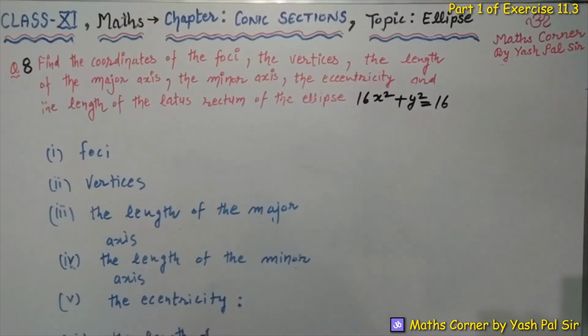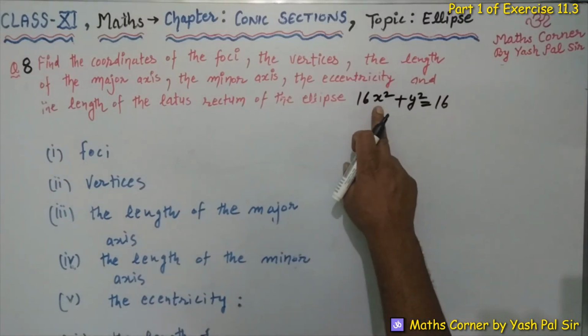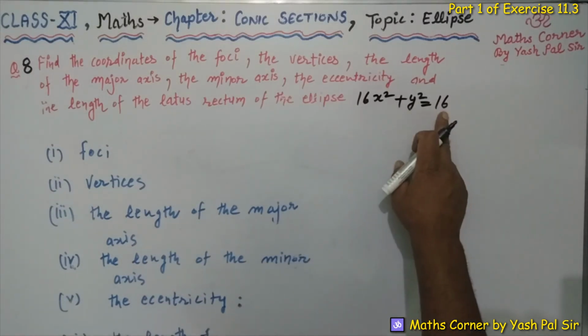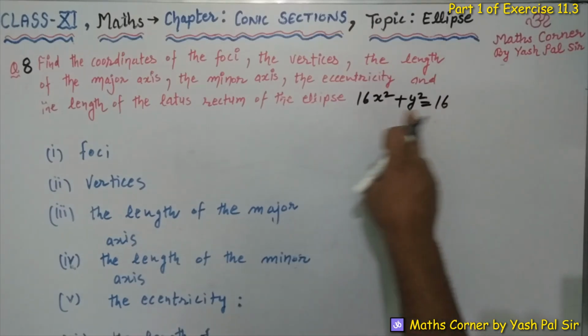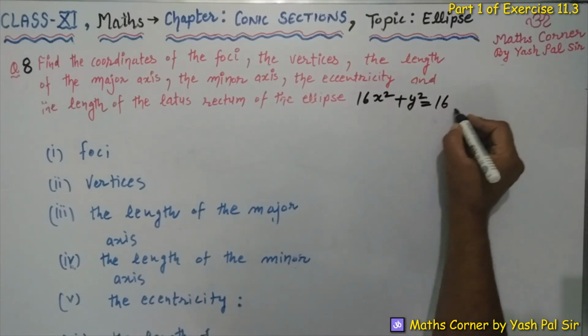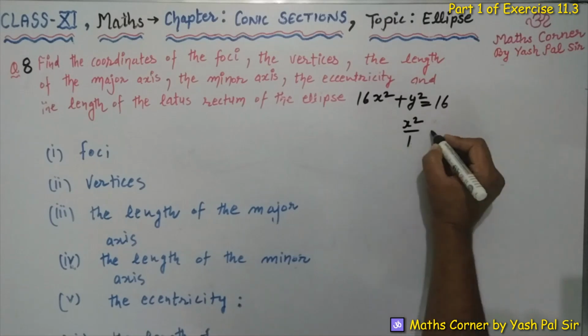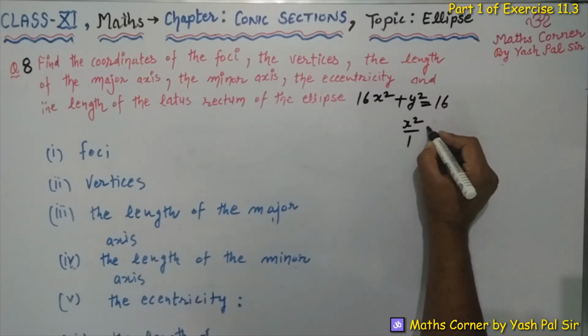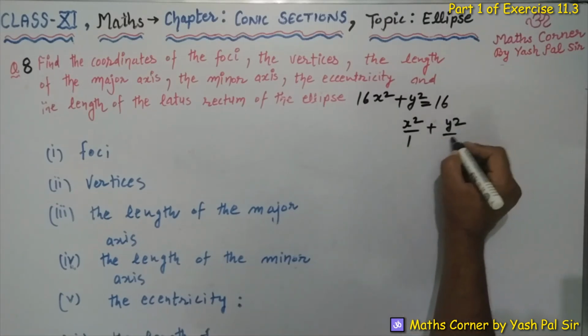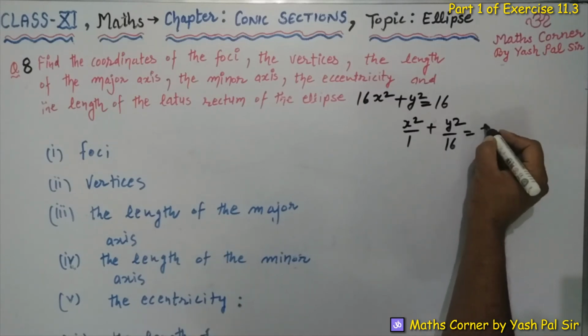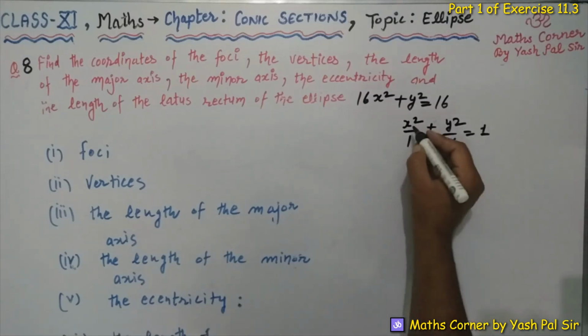Now next question. Question number 8. The equation of the ellipse is 16x square plus y square is equal to 16. Again we need the right hand side to be equal to 1. So dividing throughout by 16, we have x square upon 1 plus y square upon 16 is equal to 1.